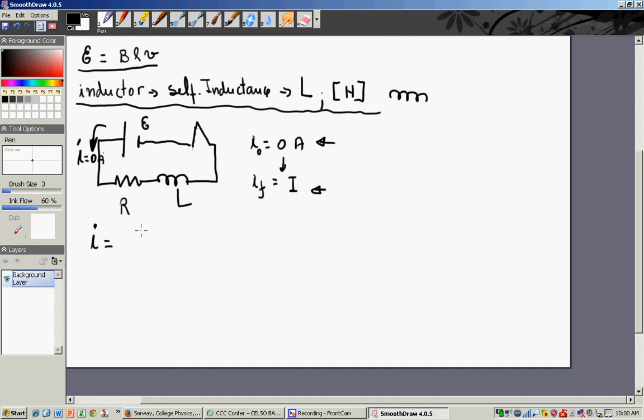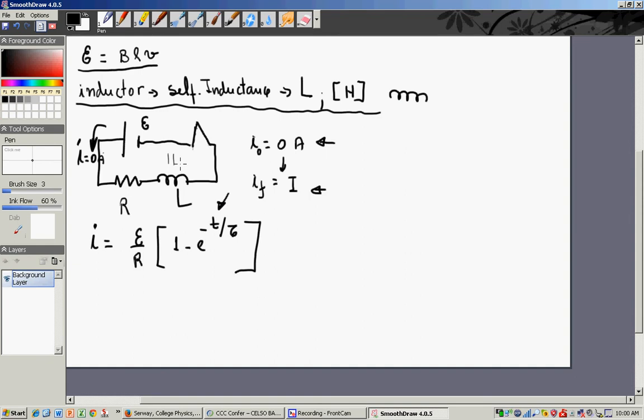And we are going to see a current dependence that is equal to epsilon over R multiplied by 1 minus, so that at time equals 0, when you place time equals 0, what is the current in your circuit? It is 0.